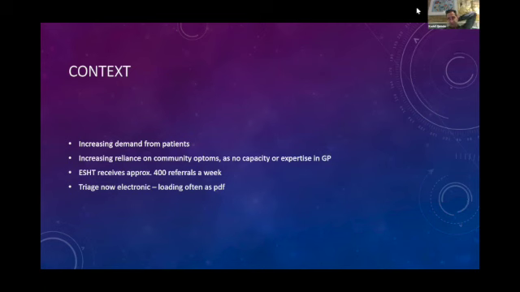GPs are also aware that it's probably better for patients to be seen by an optometrist rather than a GP who is completely clueless about eyes, whereas an optometrist is a trained professional who can deal with eyes. So we've got an increase in reliance on community optometry.